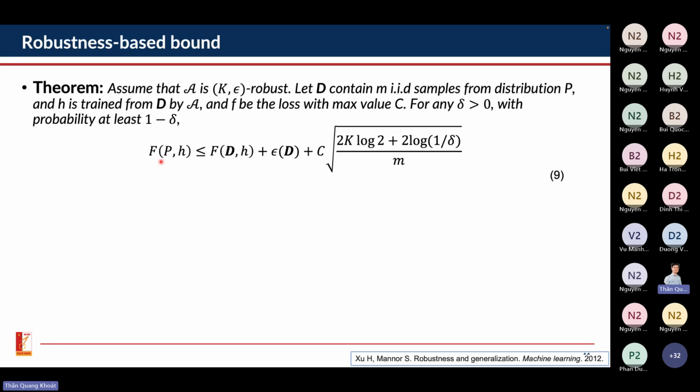That is, the test error is bounded by the training error, the robustness of the learning algorithm, and this quantity, this uncertainty. Okay, that is very clear. So it means that if our learner is robust, this quantity should be smaller, and it means that the trained model can generalize better. It essentially says something like this.